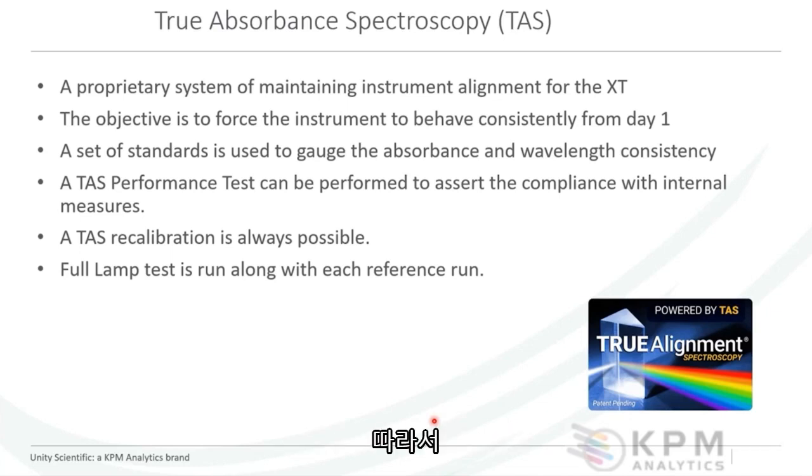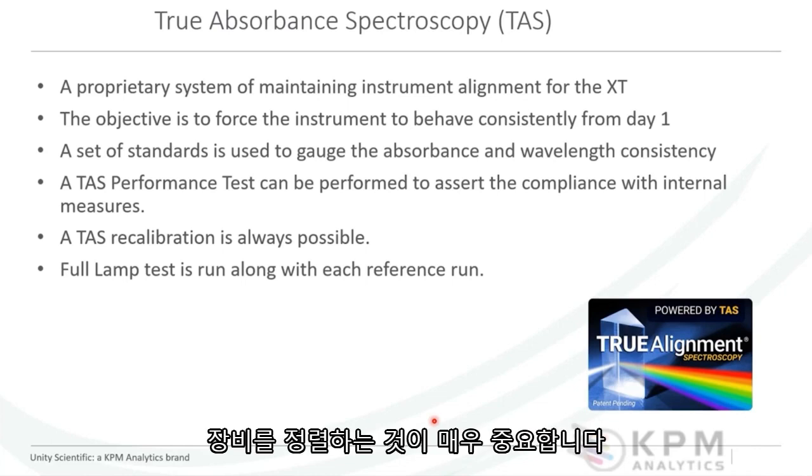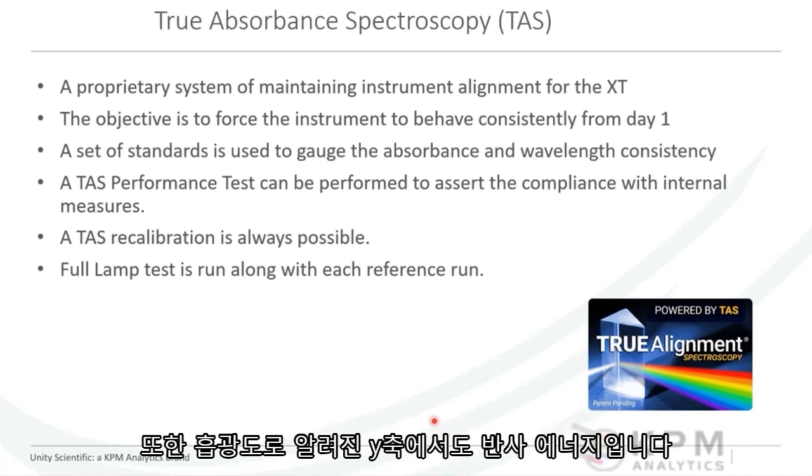So it's very important that we align our instrument so that we know exactly the positions of that grating that relate to our wavelengths, but also on the y-axis, so that we know that the absorbance or the reflected energy is precise and comparable across time and across instruments.